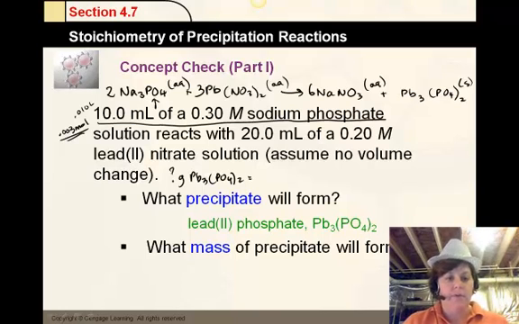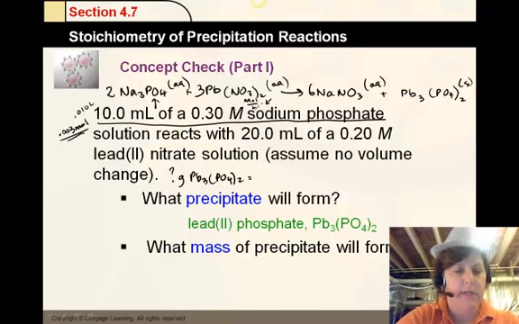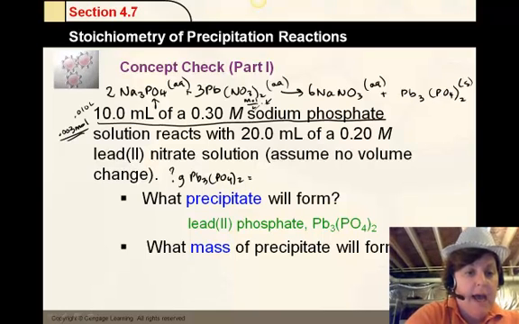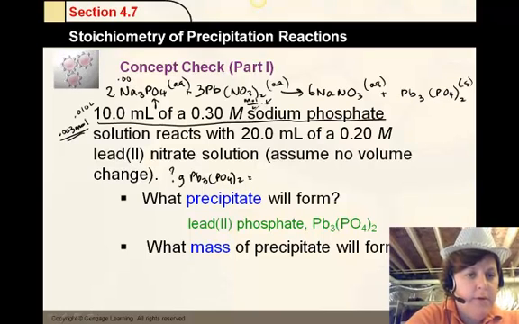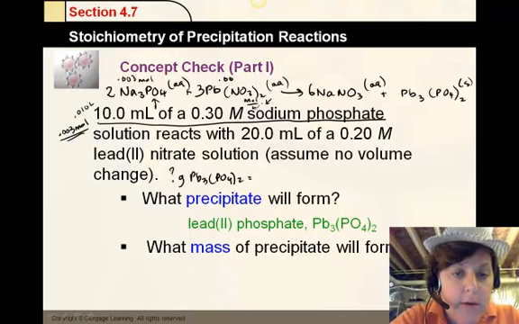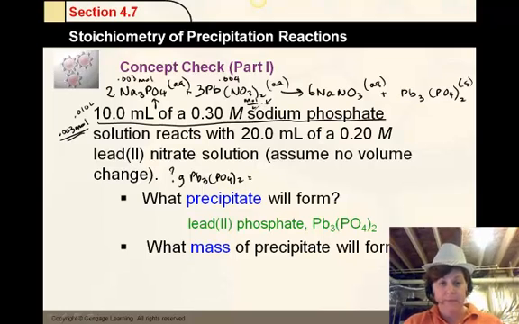Because if you think about molarity is moles per liter, and I multiply by liters, then I'm just going to be left with moles. So this is a tricky way to start. So essentially, I have 0.003 moles of this sodium phosphate, and I have 0.004 moles, doing the same thing with the other, of lead nitrate.